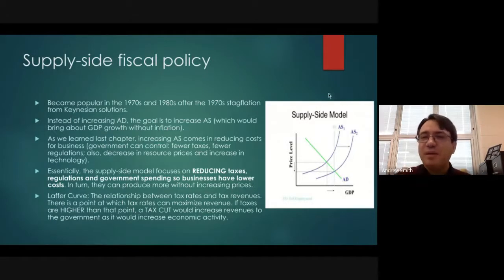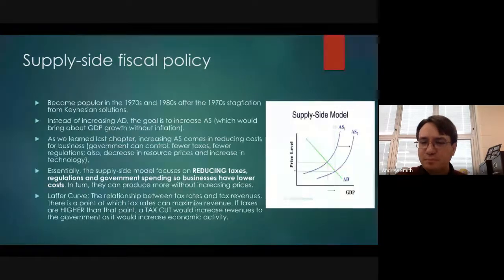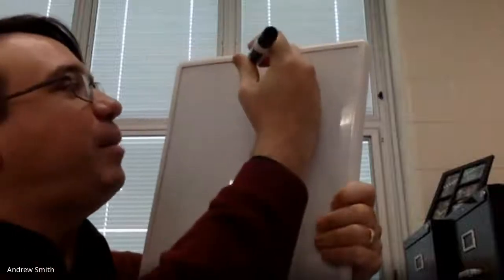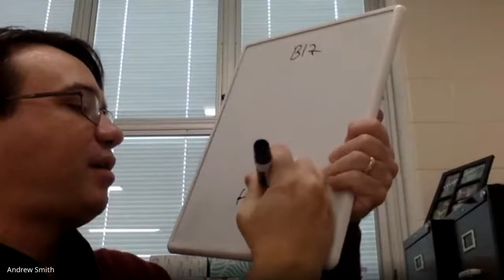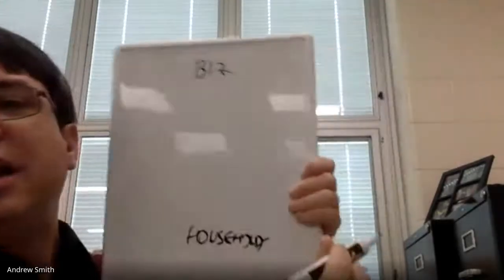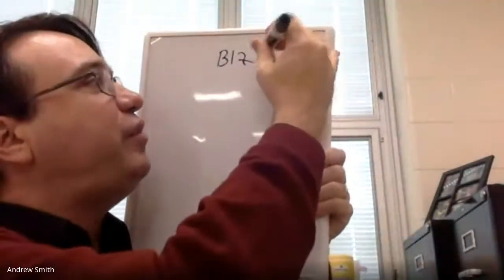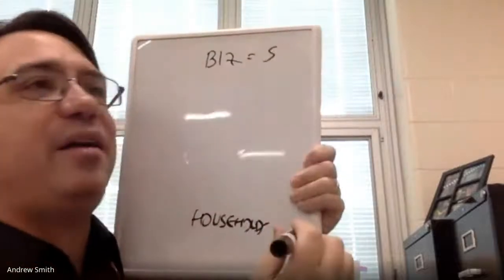Okay. And I'm going to go back off of the presentation here for the moment so that we can go back to our whiteboard here. And again, we've got business and we got households, okay? Now, in the supply side model, businesses create the supply, right?